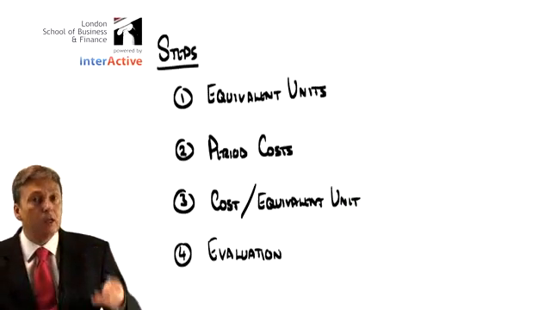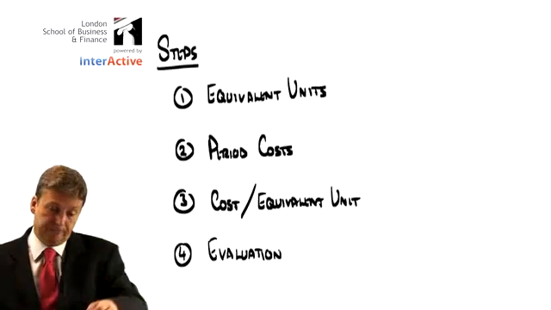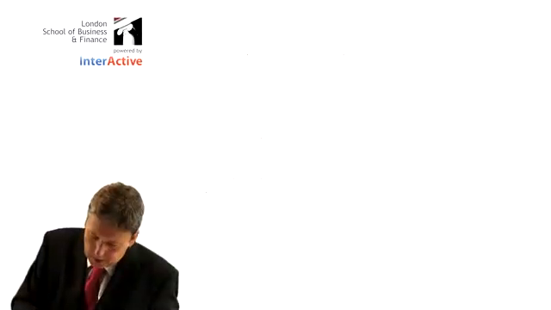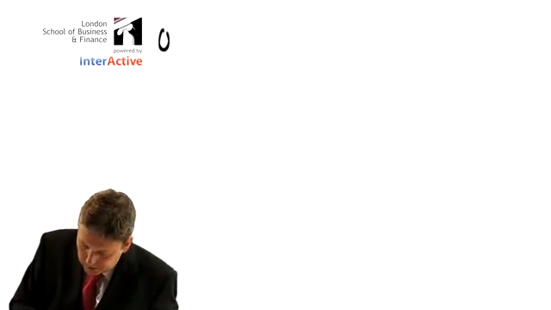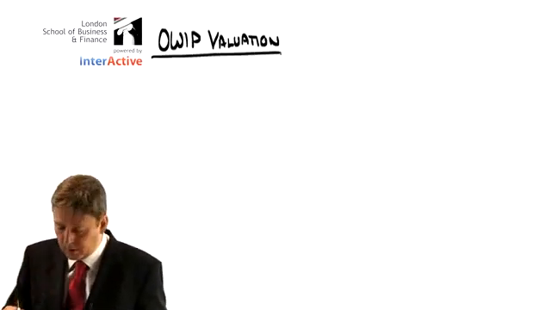Now we want to consider the 2 different methodologies that we may use. Well, okay. The key associated with this area of process costing is how we treat the opening work in progress valuation. As I have already said, there are 2 methods.